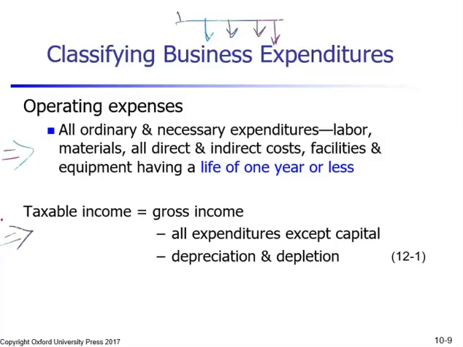For operating expenses, we have labor cost, material, any direct and indirect cost, and facilities and equipment having a life of 1 year or less, because in that way we can consider them immediate cost next to the other ones that you are paying when the lifespan of that equipment is less than 1 year.